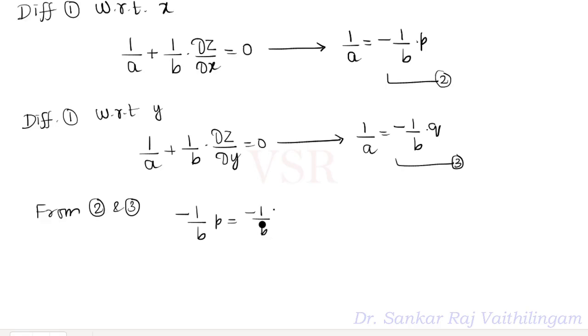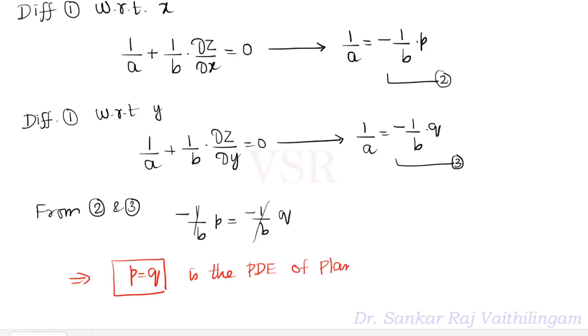So this cancels, and this implies that p equals q is the PDE of planes having equal x and y intercepts. So that is the solution.